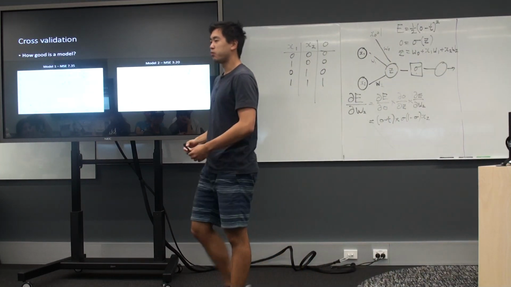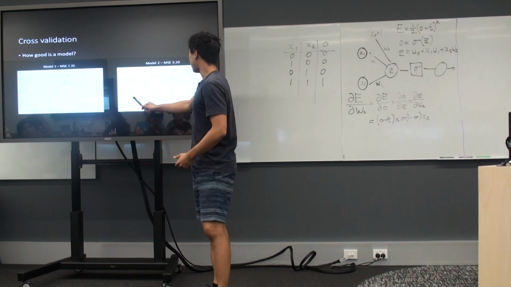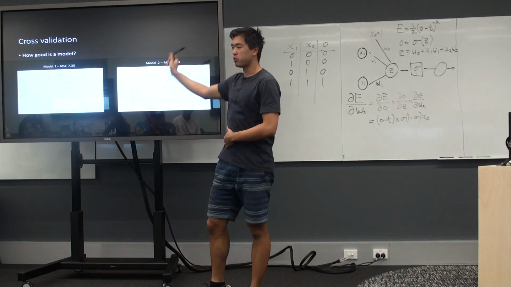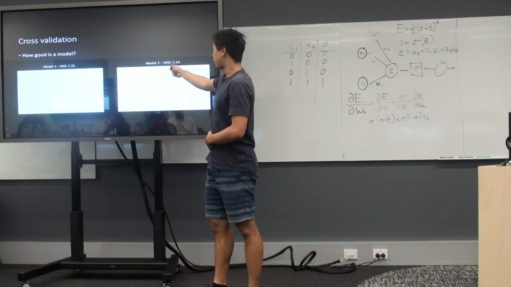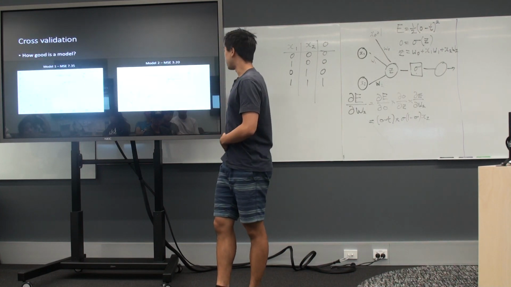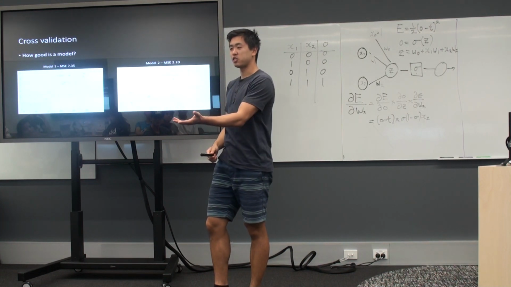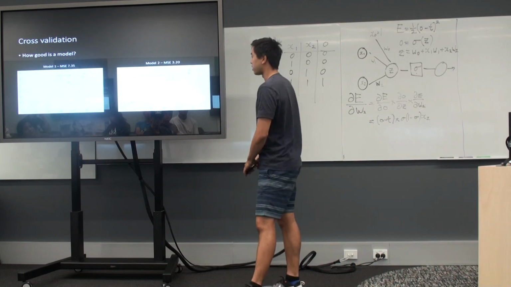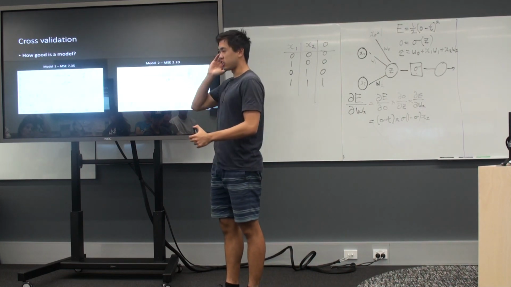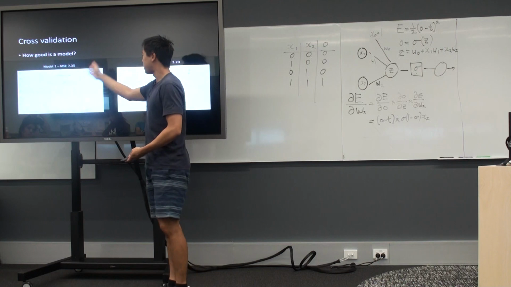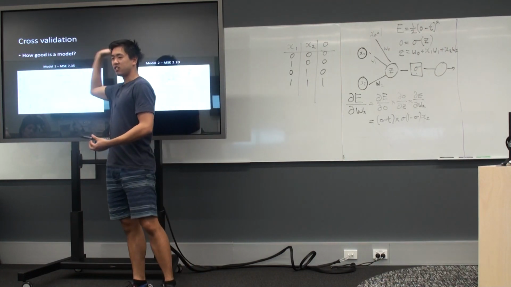Great. So for model 2, I have this kind of 5-degree polynomial, and it has a smaller mean squared error. But it comes back to overfitting, and I'll explain that next. Intuitively, when you look at data like this, you probably think, okay, it's a linear trend.